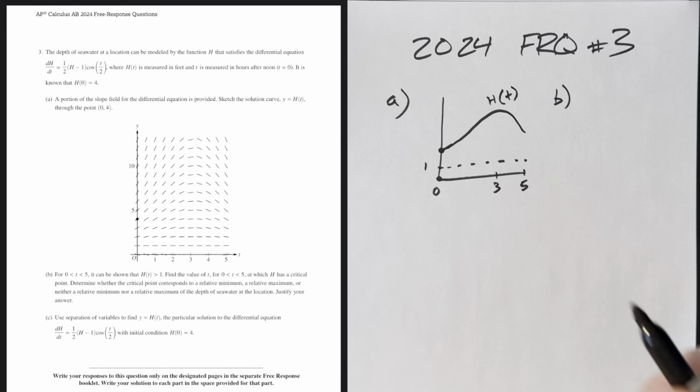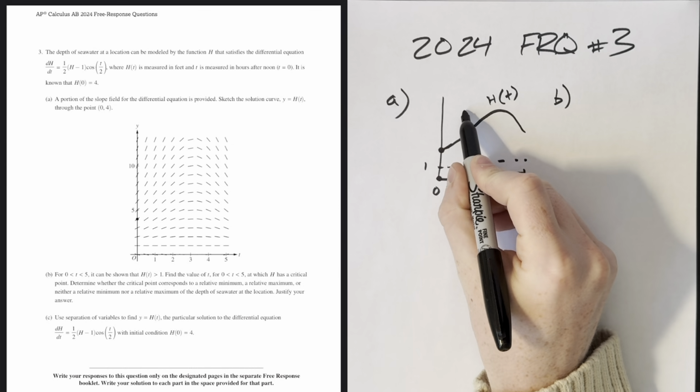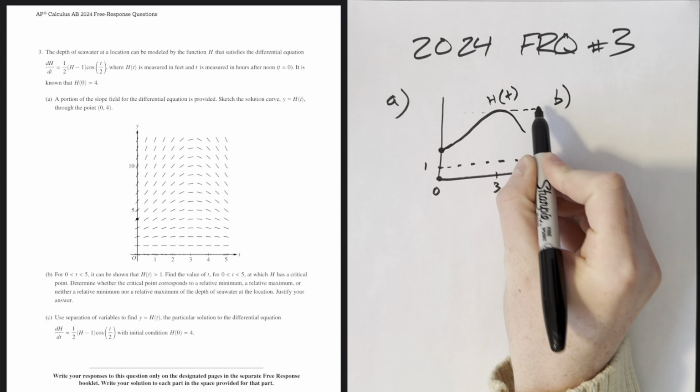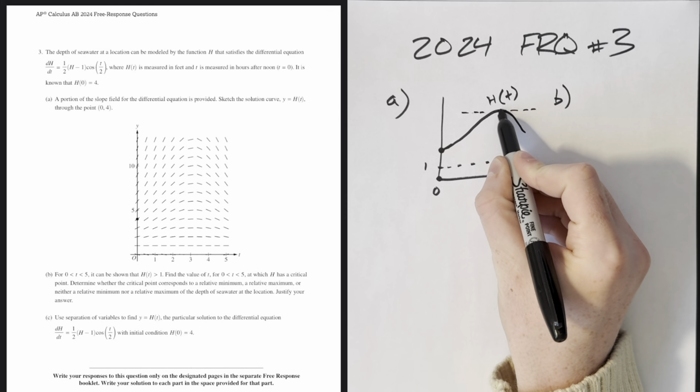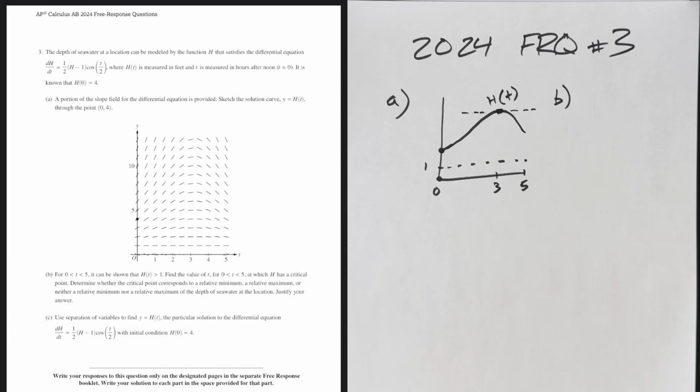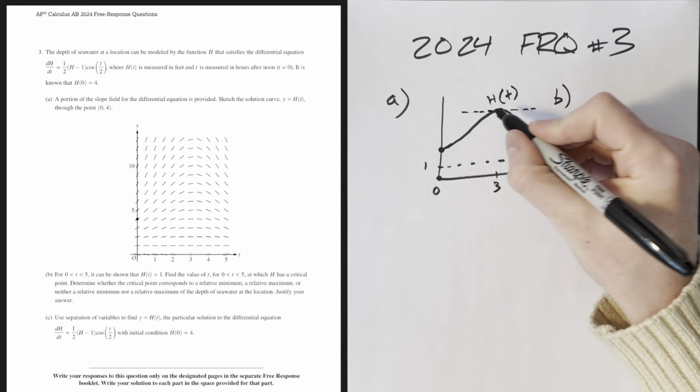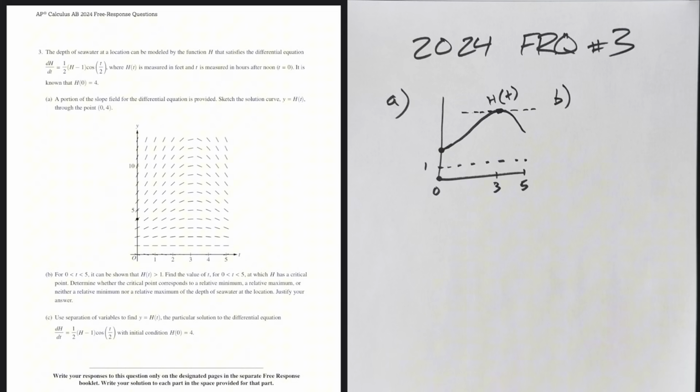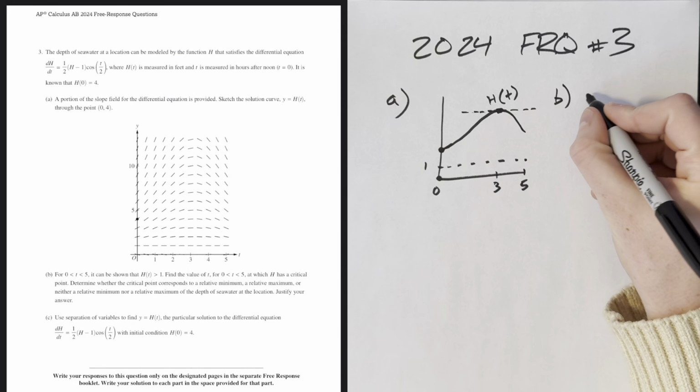So looking at this, the critical value that I see is at this point right there. The one that we said was around 3, that is going to be our critical value, and it's going to be a relative maximum. But we don't know exactly what that point is. But we know that there is a horizontal tangent line at that point.